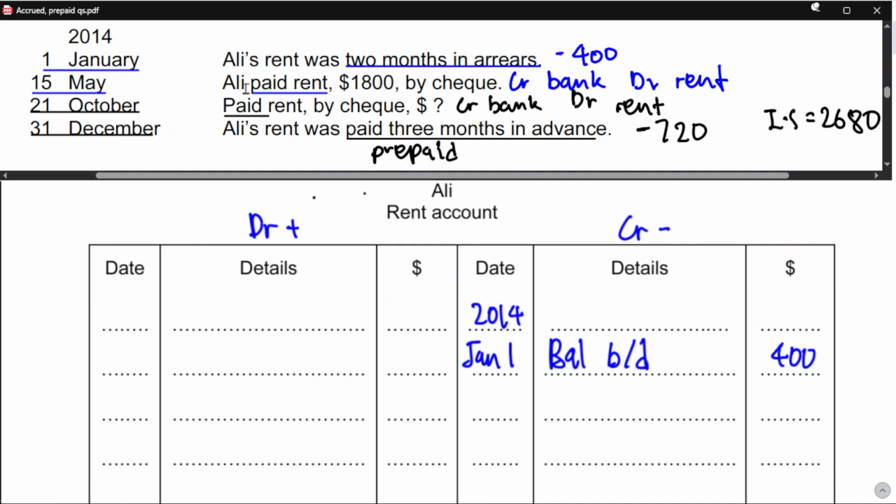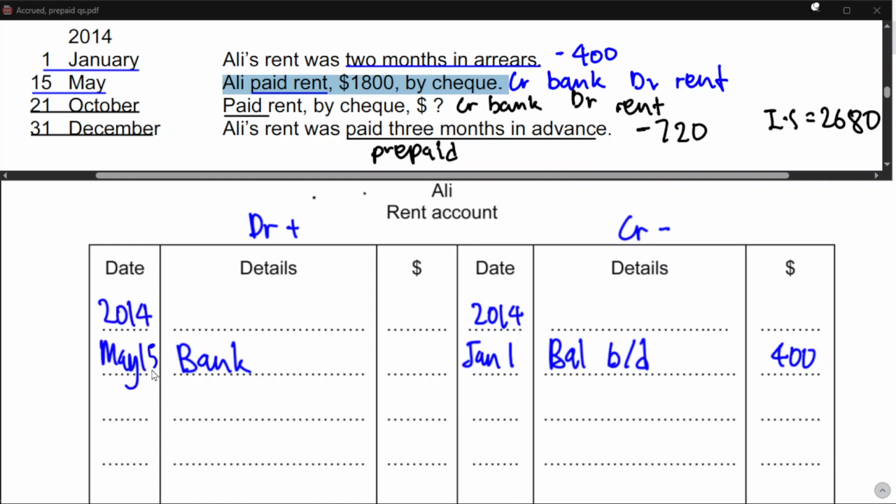Then the next line, rent debit bank, by 1,800. Then the third line, rent debit bank, by, not sure.